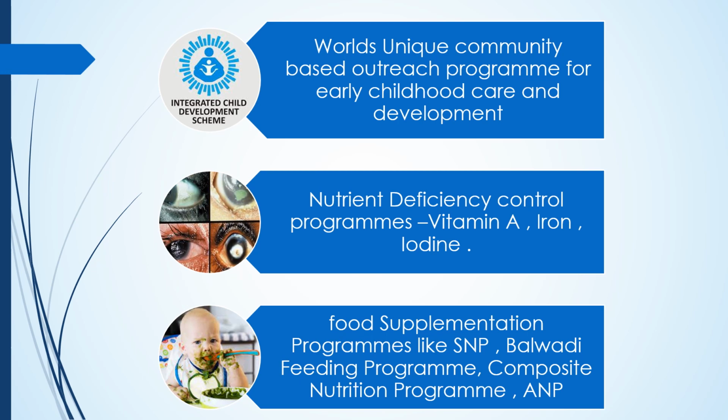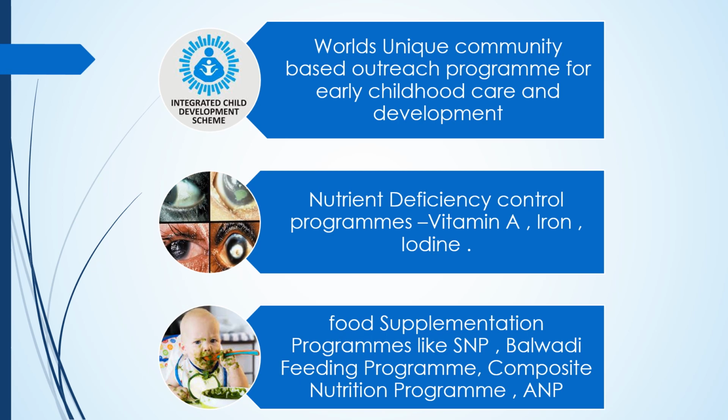The next category is nutrient deficiency control programs. There are many nutrition problems in India, and we have specialized programs for the control of deficiencies. For example, vitamin A deficiency, iron deficiency, and iodine deficiency are common in India. So we have programs for nutrient deficiency control, and we have food supplementation programs.